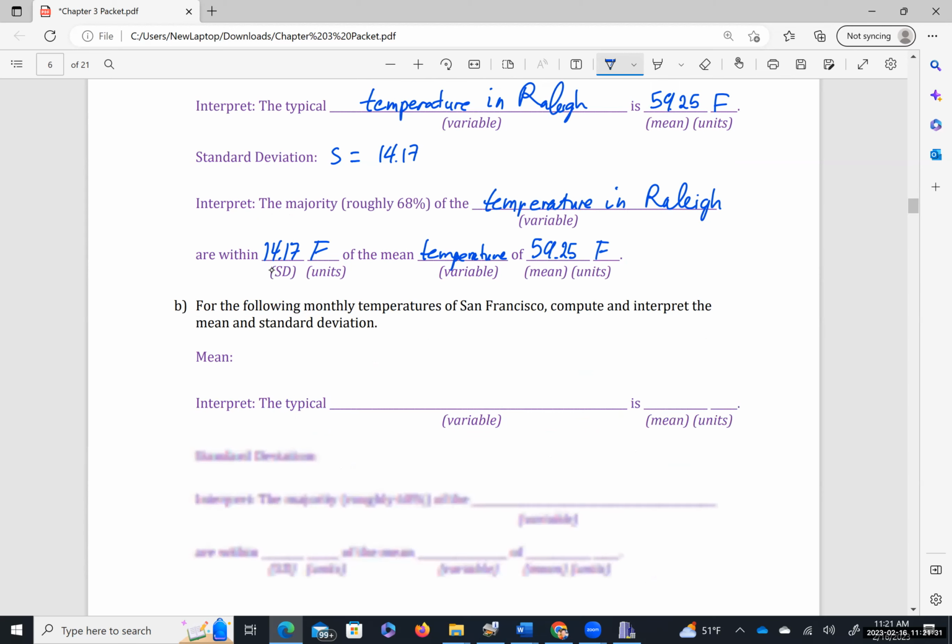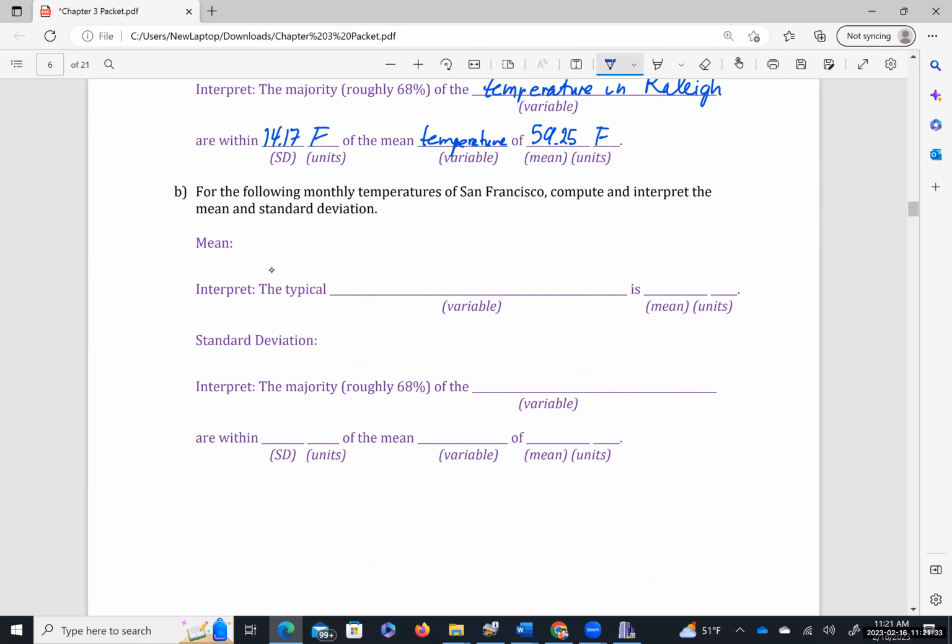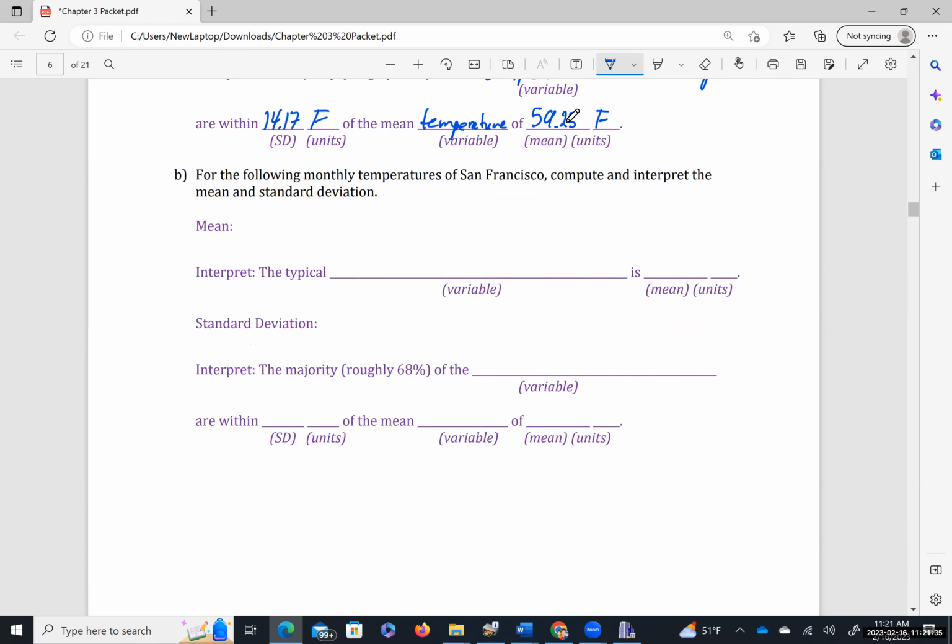And for part B, I would love to let you pause the video and do it in 1 minute, maybe 2 minutes. After you finish, you play a game, okay? So do it now.